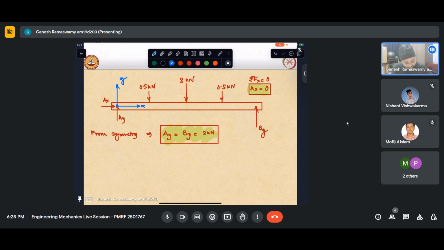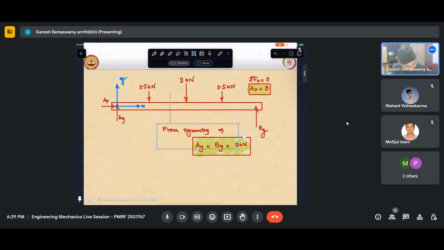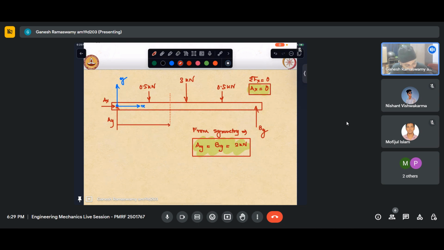So if I were to take a cut section like that, as we saw earlier, this cut section will be at a distance of X from this point, where AY is.